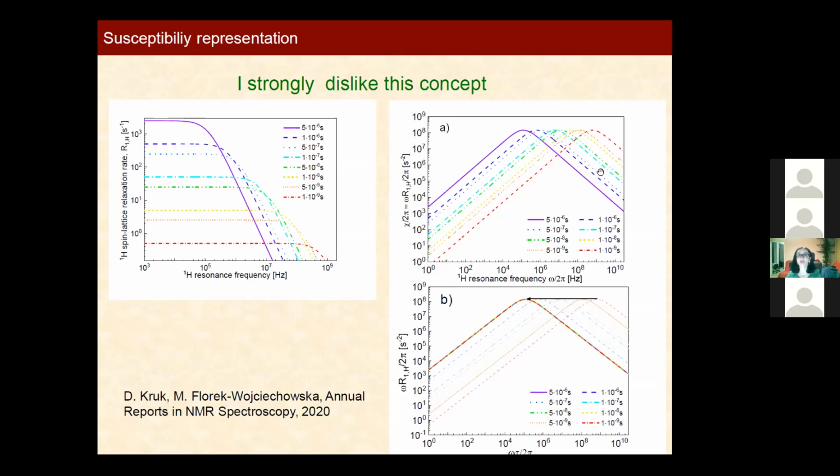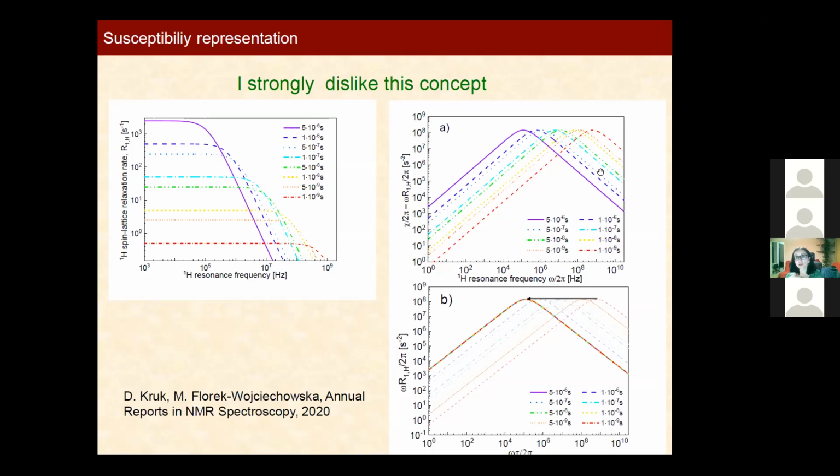You see, it stems from the fact that a lot of relaxation expressions, when you multiply them with omega, the resonance frequency, become dependent not on the correlation time and the frequency separately, but in all the relaxation formula, it will be correlation time times the resonance frequency.